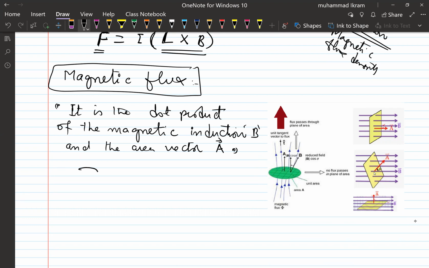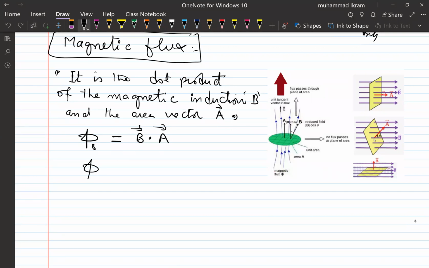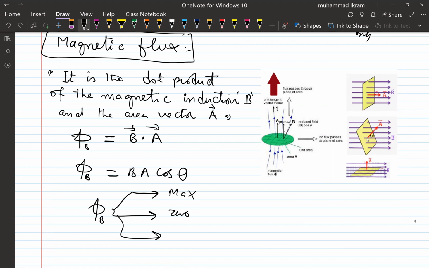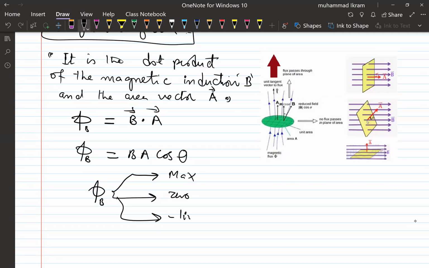So mathematically, the magnetic flux equals B dot A, or simply we can write this magnetic flux Φ_B as BA cos theta, where theta is the angle between the magnetic field, or magnetic induction B, and the area vector A. Here it can be demonstrated that this magnetic flux can be maximum, it can be 0, and it can be negative also, right?